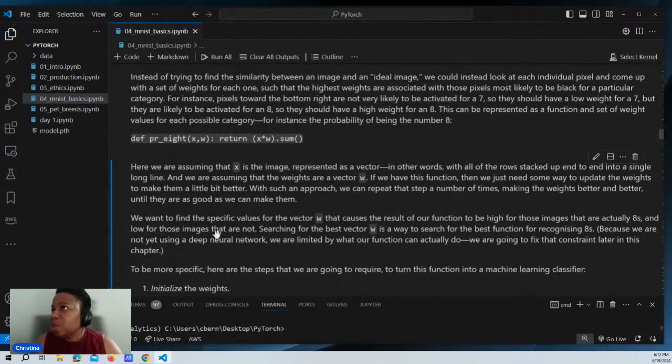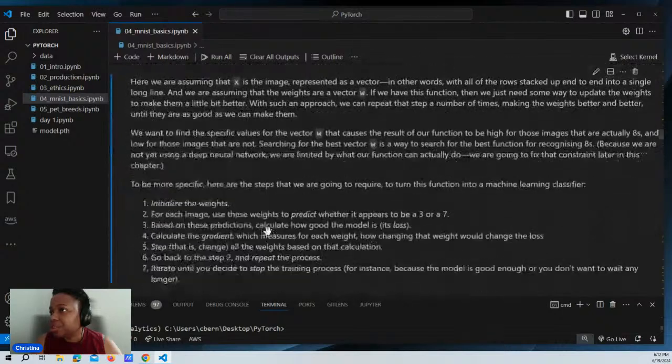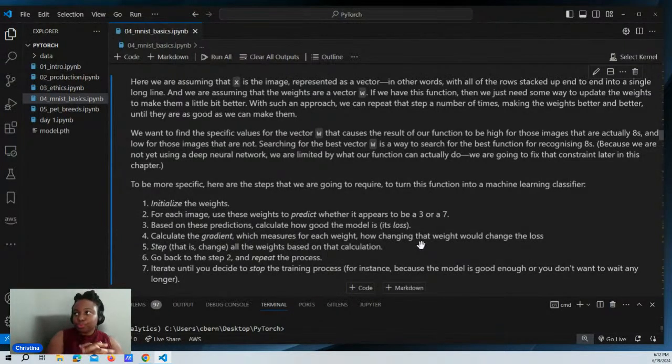And so they run this formula and they update it. So how it works is initialize the base weights. Then for each image, use the weights to predict whether it's a 3 or 7.